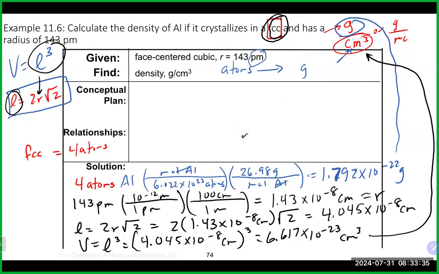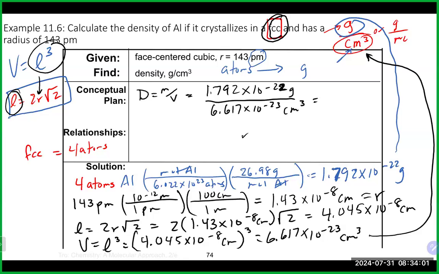Now that we've done that, we could actually calculate the density, which is our mass divided by our volume. So we'll take the mass that we got, 1.792 times 10 to the minus 22 grams, divided by our 6.617 times 10 to the minus 23 cubic centimeters, which is our volume.